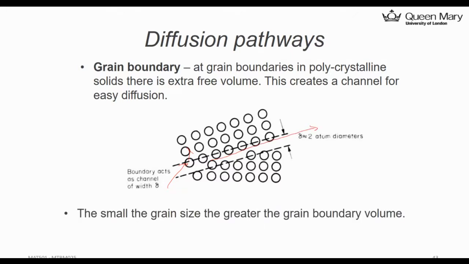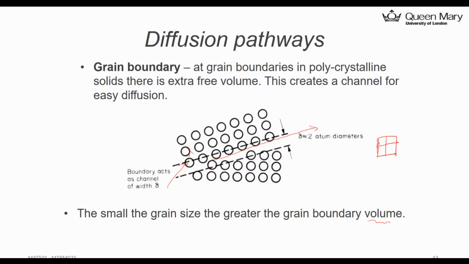So the smaller the grain size, actually the greater the grain boundary volume. You can think about that as surface area, because if this is one single grain, there is no grain boundary. If you divide by 2, there is a grain boundary that comes here. If you divide by 4, it becomes 4.